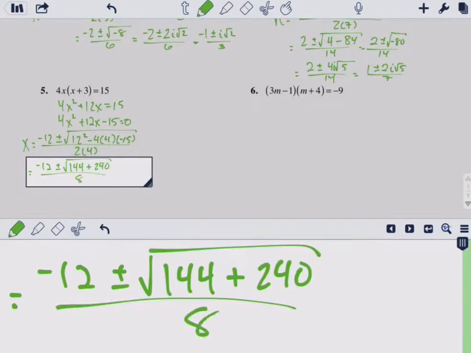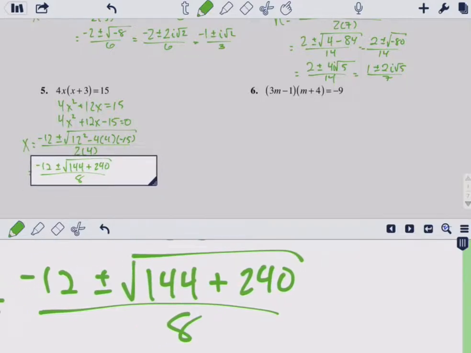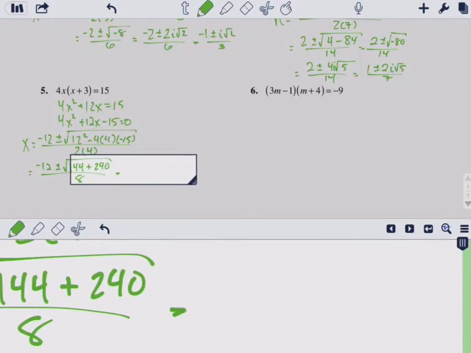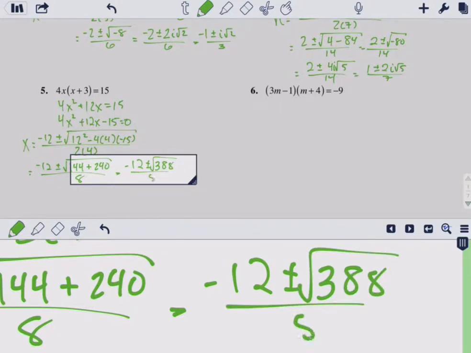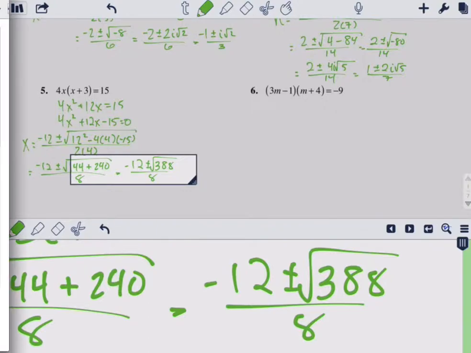All over 8. 144 plus 240 is 388. So I get x equals negative 12 plus or minus the square root of 388 over 8. 388, I believe, has a perfect square go into it.